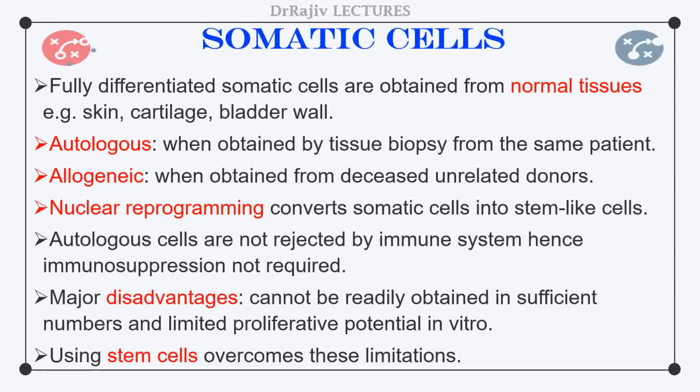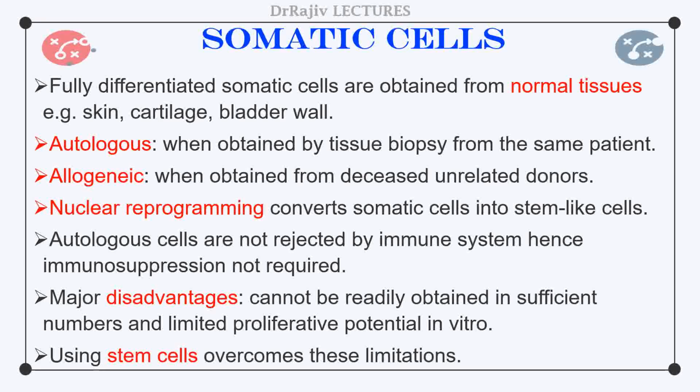Using retroviral or lentiviral transfection technique, the somatic cells may be converted into stem-like cells. This technique of nuclear reprogramming, also called transdifferentiation, allows for the reprogramming of one somatic cell type directly into another. Therefore, it can be used to develop novel tissue engineering applications to treat diseases and injuries.